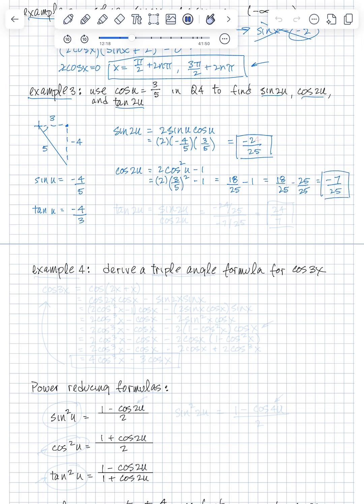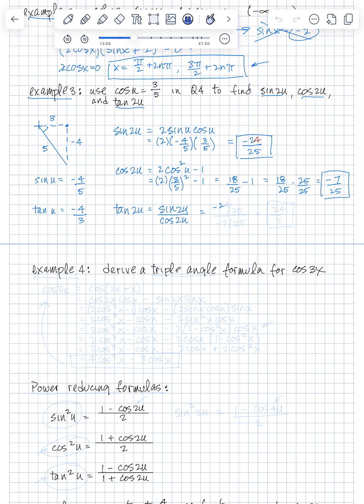Now the last one, tangent of 2u. So formula is, this is the sine of 2u over the cosine of 2u. Well, since we already found these, makes it a little bit easier. The sine of 2u is a negative 25. Oh, that's negative 24. Why did I write 25? I don't know. I'm going to fix it right now. I'll put it in red, which indicates I made a boo-boo.